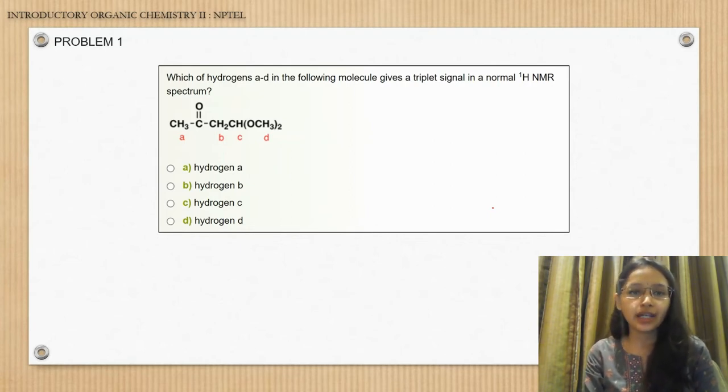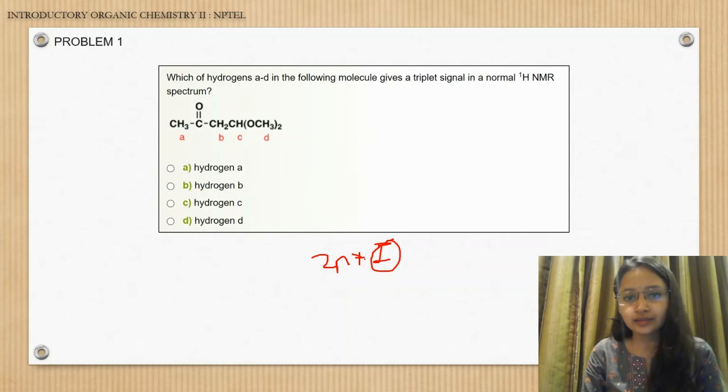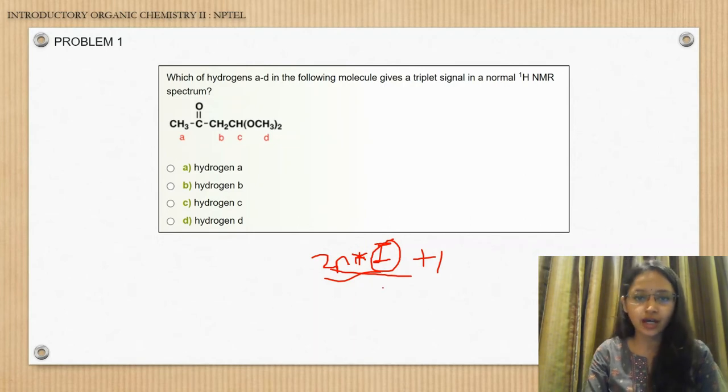It is actually the 2nI plus 1 rule, but for hydrogen the I value is half, which is why we consider it an n plus 1 rule instead of 2nI plus 1.